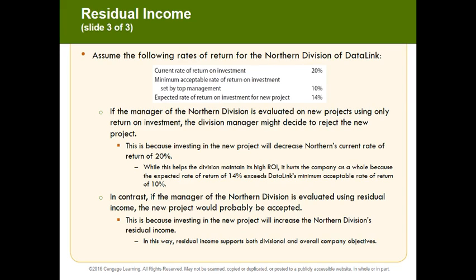If the ROI needed to trigger the bonus is set higher than 10%, then it is not in that manager's favor to allow their overall ROI to diminish by accepting something that only has a 14% return on investment. These are the kind of things that are actually at play in the real world that you will see at some point in time.